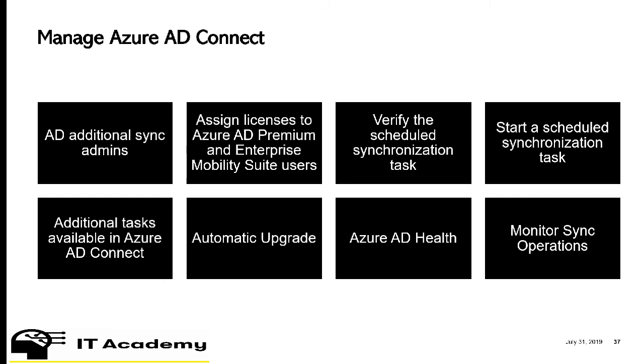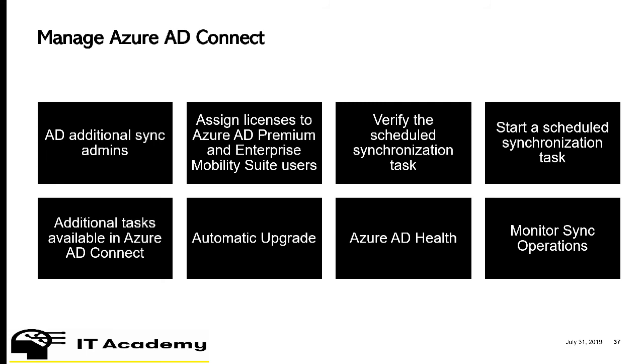We may need to be able to go in and add additional administrators and allow them the ability to configure the AD Sync service. We may need to be able to use Azure AD Connect to assign licenses for Azure AD Premium and for the Enterprise Mobility Suite, or for other enhanced features, to users by specifying them in Azure AD Connect.